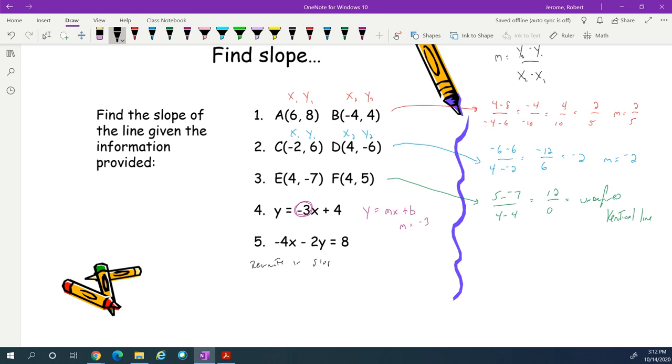Rewrite in slope-intercept form, which means get y by itself. So let's add 4x to both sides. -2y equals 4x plus 8. And then we'll divide by -2. Divide everything by -2. We get y equals -2x minus 4. And now that it's in slope-intercept form, we can see the slope, m equals -2.